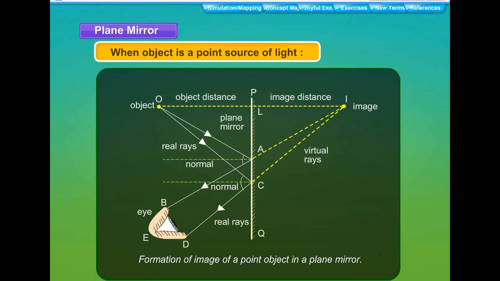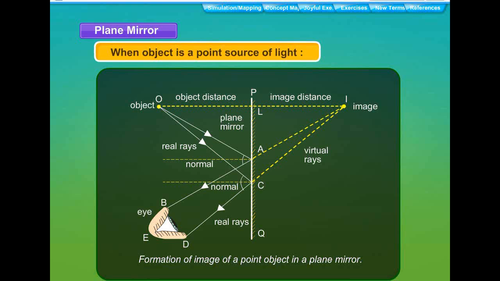When the object is a point source of light, a point source of light O is placed in front of a plane mirror PQ. The rays of light starting from point O travel in all directions. Consider two directions, OA and OC, starting from point source O, which obey the laws of reflection and get reflected along AB and CD.